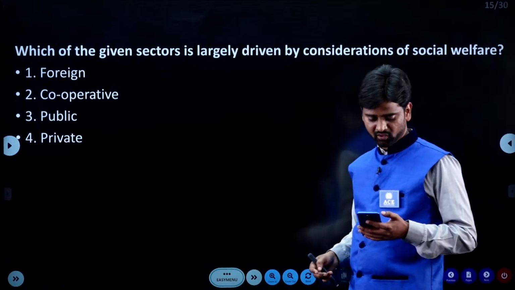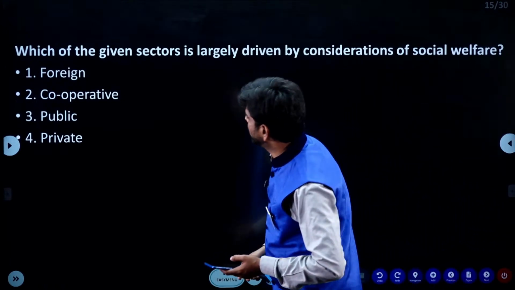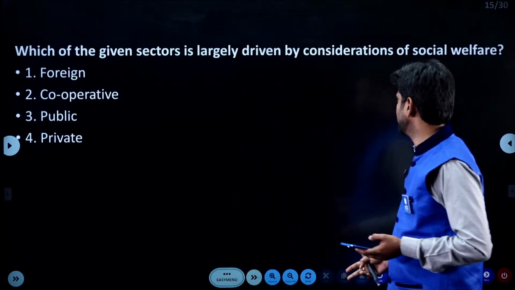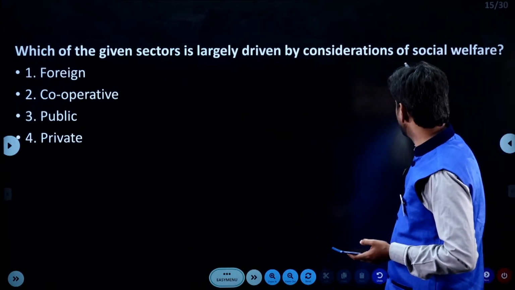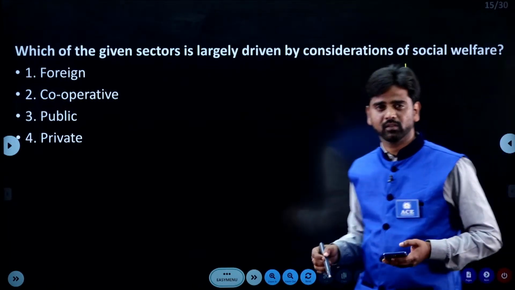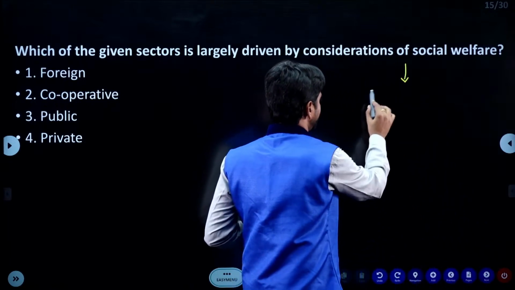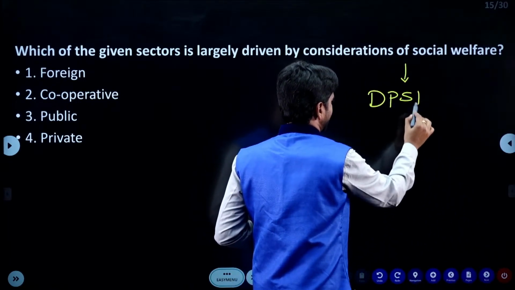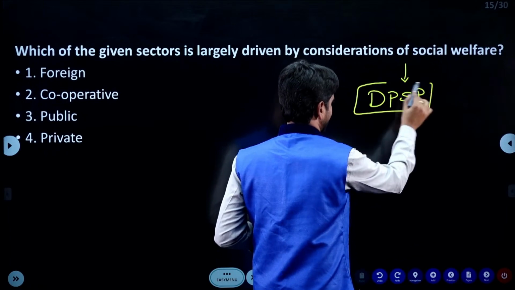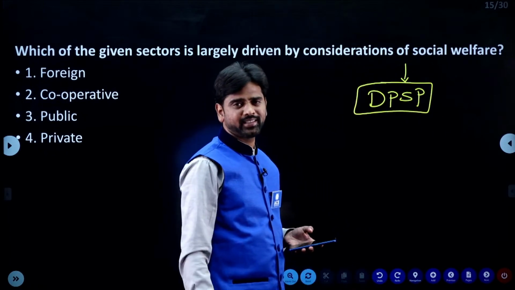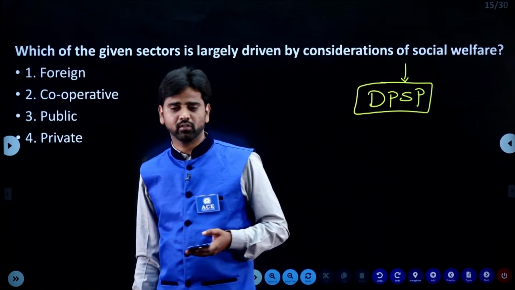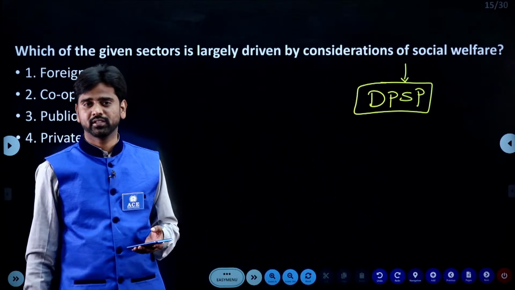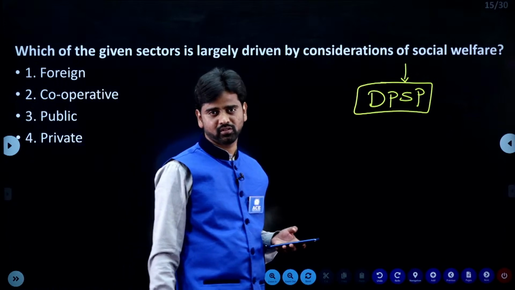And the next question, please try to answer it, guys. Which of the given sectors is largely driven by the consideration of social welfare? You would have already studied about social welfare in our DPSPs, the Directive Principles of State Policy, am I right or wrong? To establish a socialistic pattern of society, an egalitarian society, the developmental fruits must reach each and every section of society.